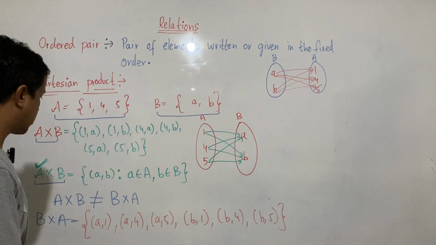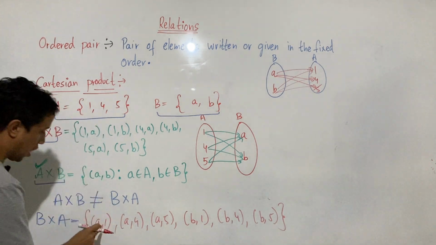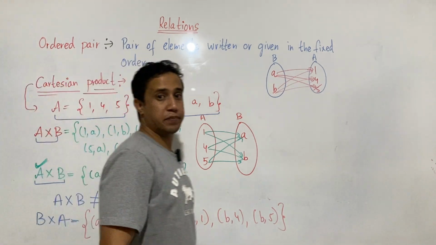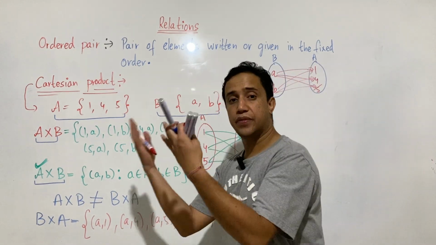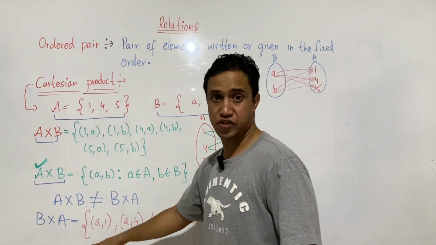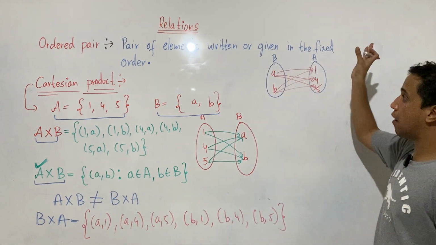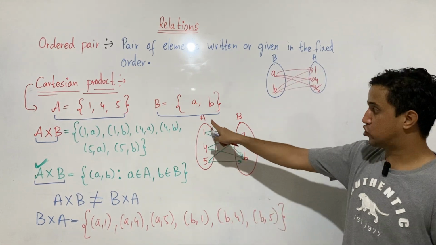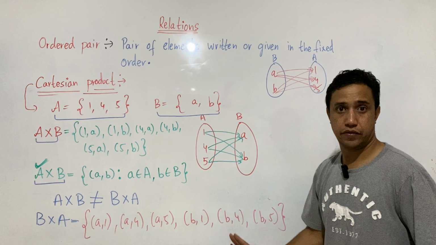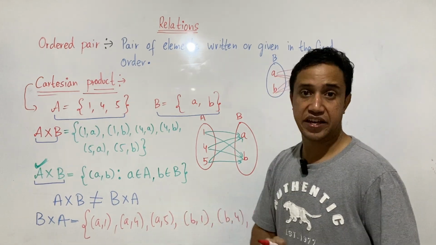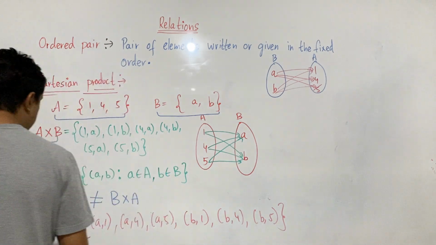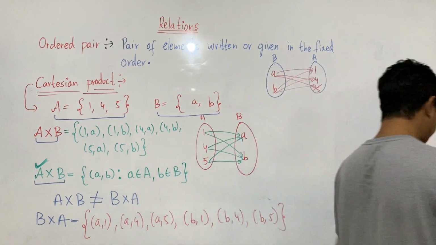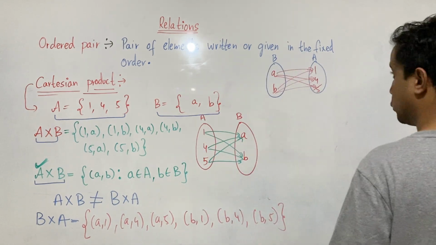Now you can clearly see that this is not the same as A Cartesian product B, because the order of the ordered pairs is different. Here we are mapping the elements from B to A, and there we were doing it from A to B. So keep in mind that the Cartesian product A cross B is not the same as B Cartesian product A. I hope this is clear to you.